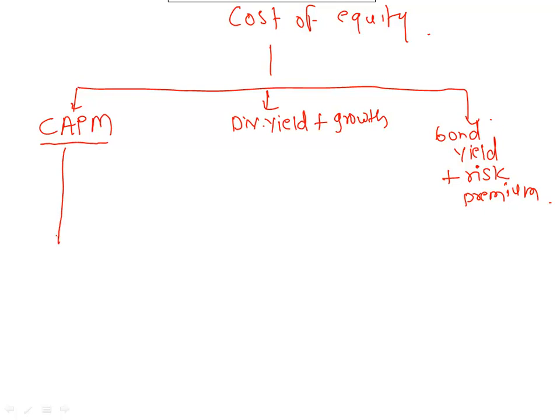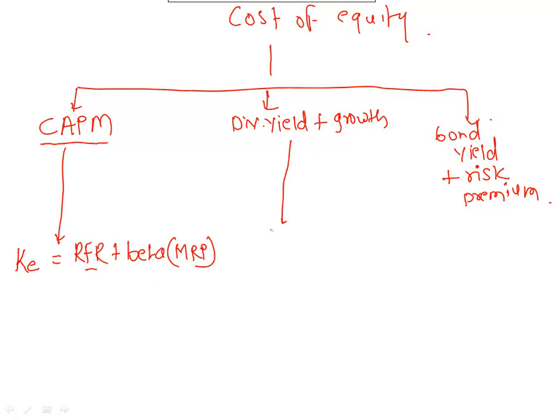So CAPM will be calculated as cost of equity, which is denoted by KE at times, is equal to RFR plus, this is a fancy word, beta into market risk premium. RFR plus beta into market risk premium.